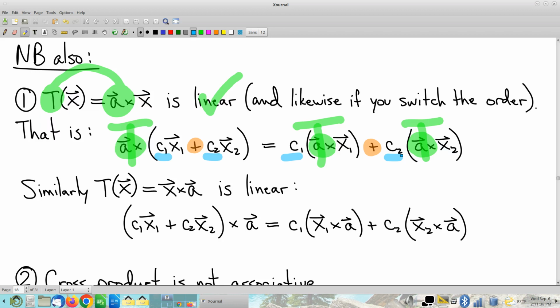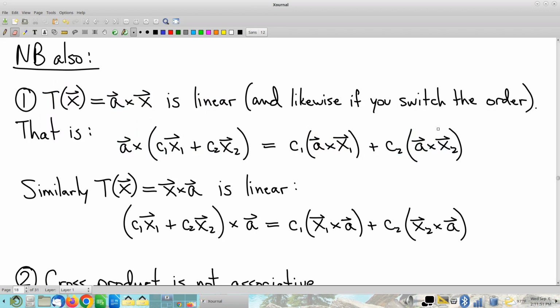So, neat fact, worthy of mention in my opinion, and a good thing to know. By the way, likewise, if you put the cross on the other side, where the vector A is on the right instead of the left, that too is a function, and that too is linear.